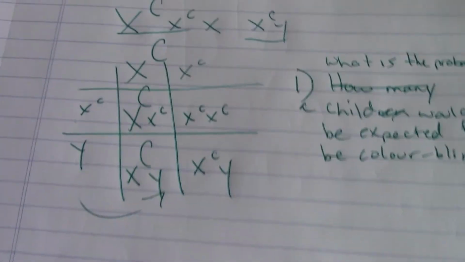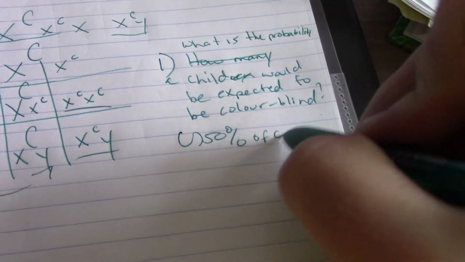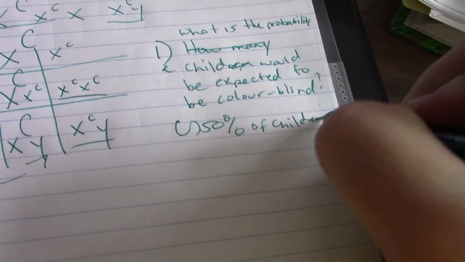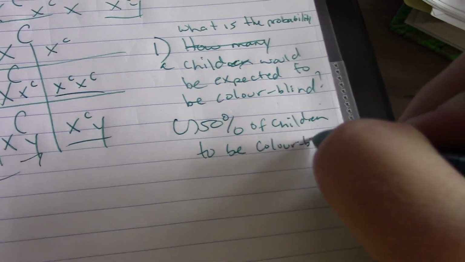Okay, so with X-linked traits, you can divide by gender or not. So this question doesn't specify by gender, so you would look at which ones would give you colorblind genotypes. So this and this. So you would expect 50% of children to be colorblind. Okay.